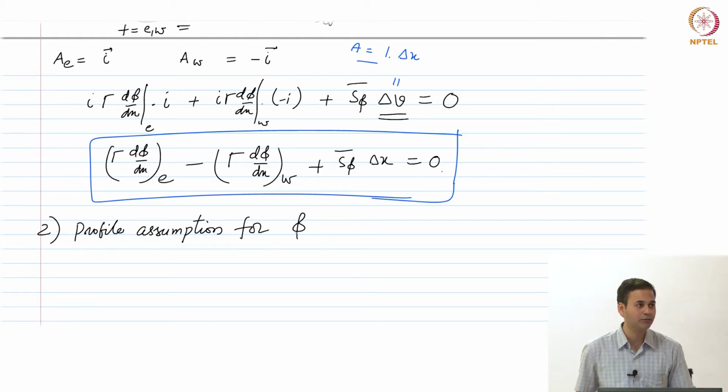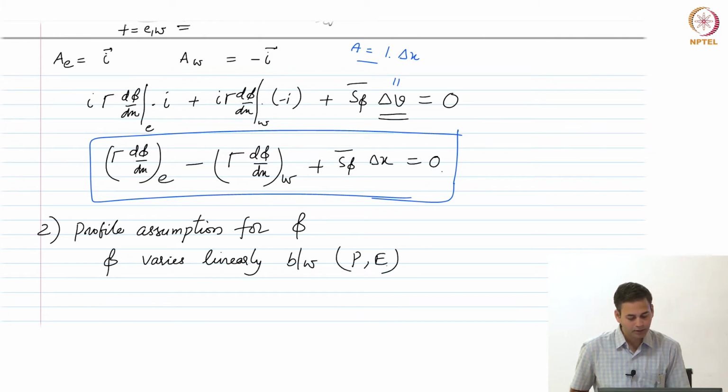So, for that reason we are introducing a profile assumption for phi. What we say is that phi varies linearly between P and E and P and W.